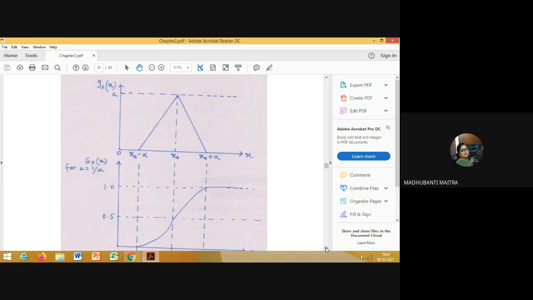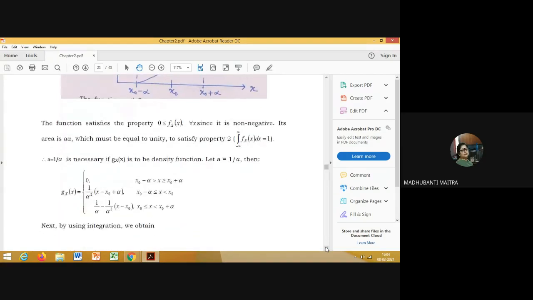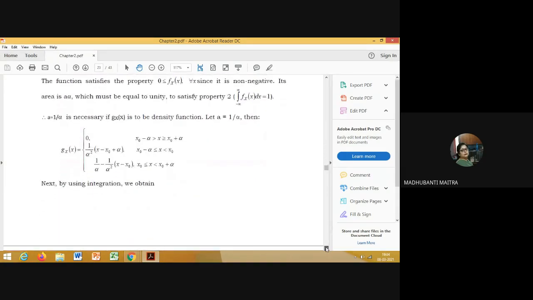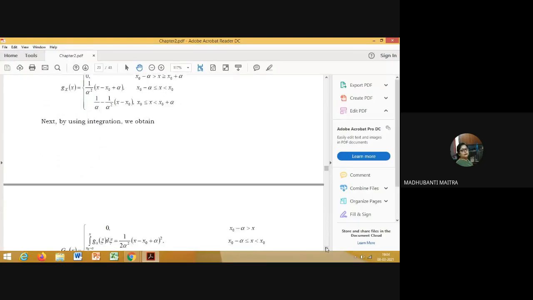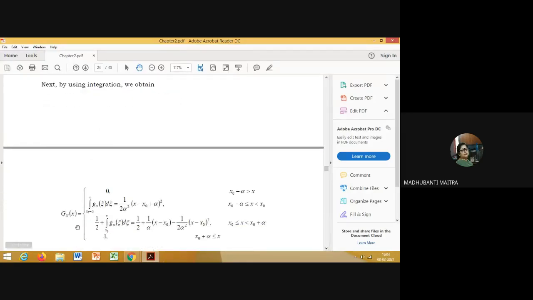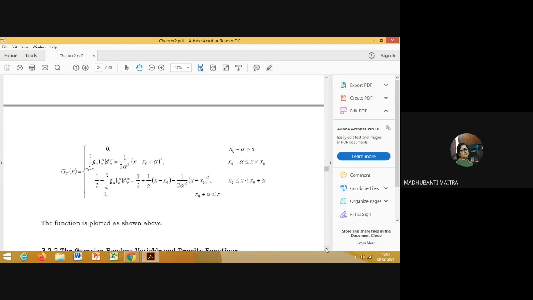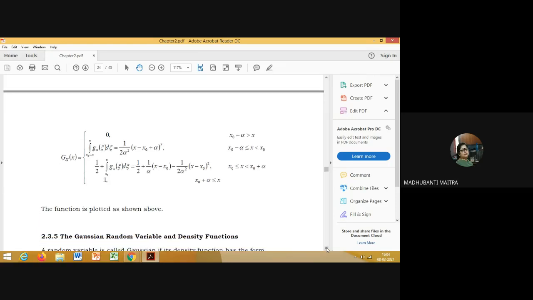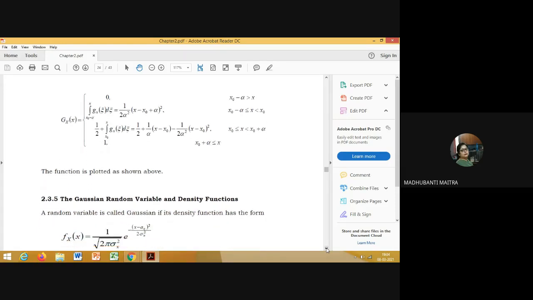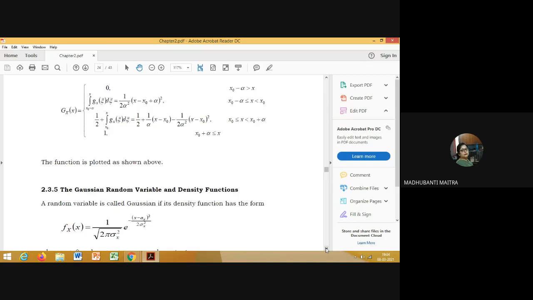Once you obtain the expression for g(x), you perform the integration and find out whether this resulting function, which is also a function of x, is a valid distribution function or not. And justify that with sufficient mathematical derivations.